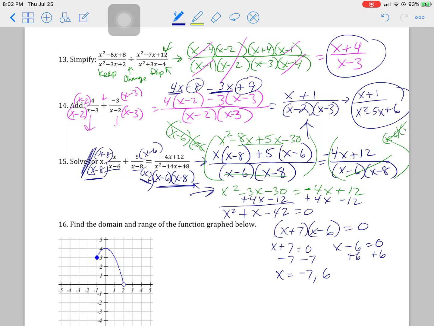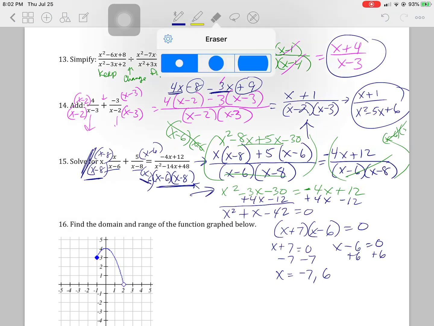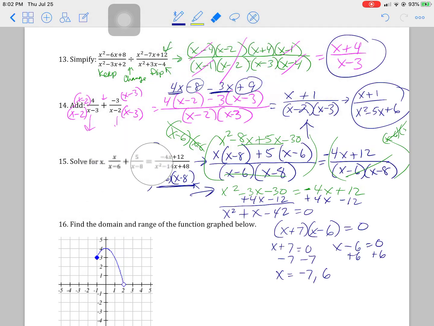And way back up here, I don't know if you can see this anymore. Let me get all this stuff out of the way. Way back up here, we had denominators, and we need to make sure that none of your solutions make any of the rational expressions undefined.